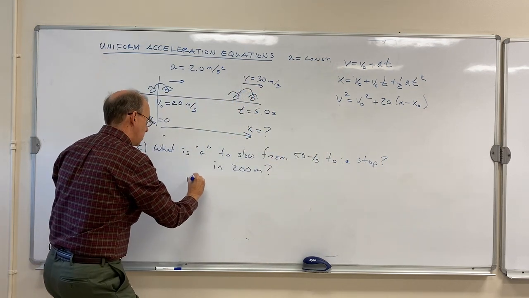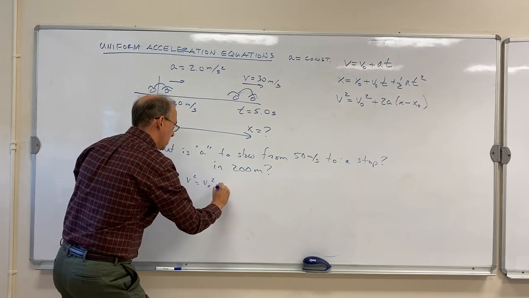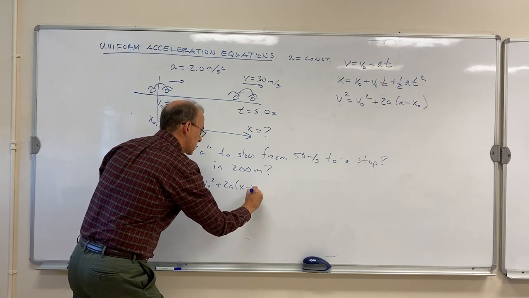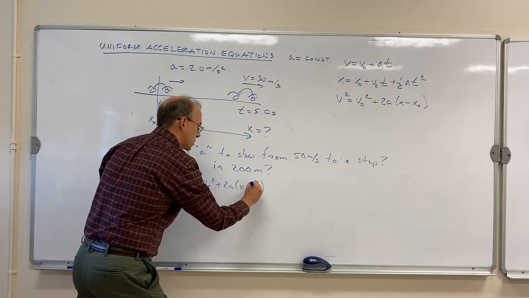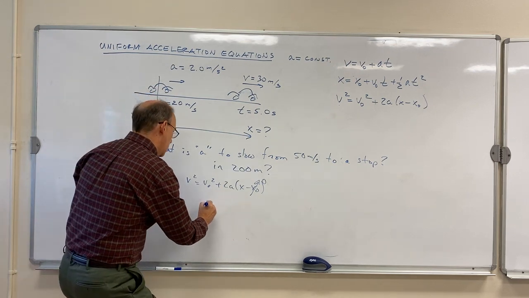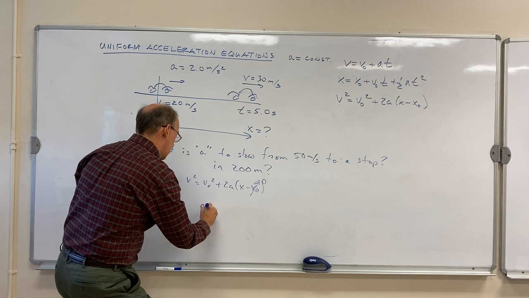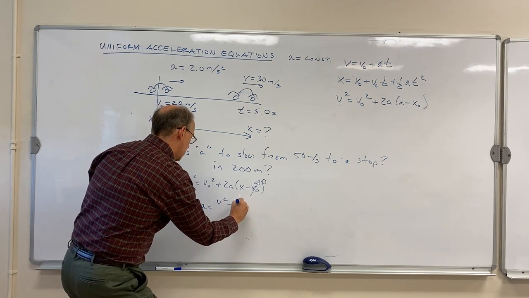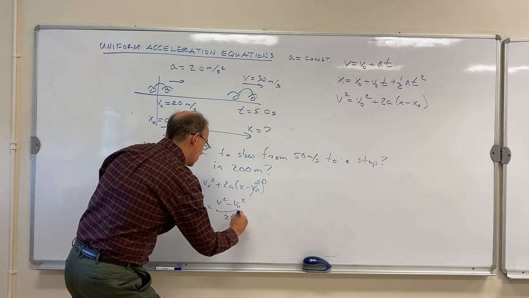So I've got v squared is v naught squared plus 2a times x minus x naught. Again, we'll just let x naught be 0 by choice. That's often true, but not always. So solving this for a, we get a is v squared minus v naught squared over 2x.